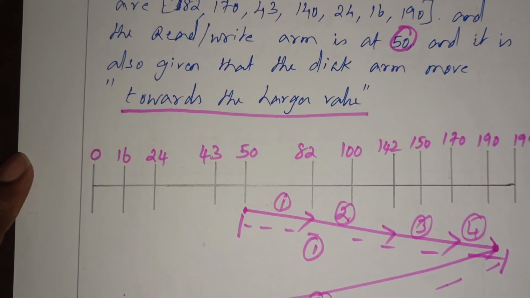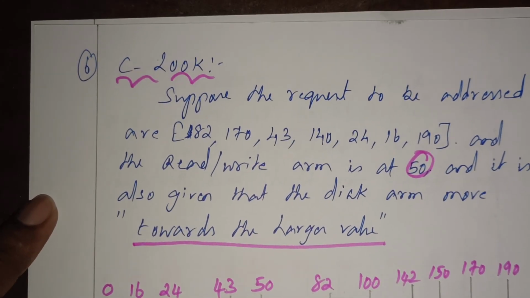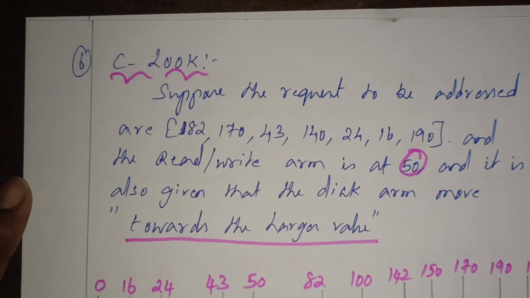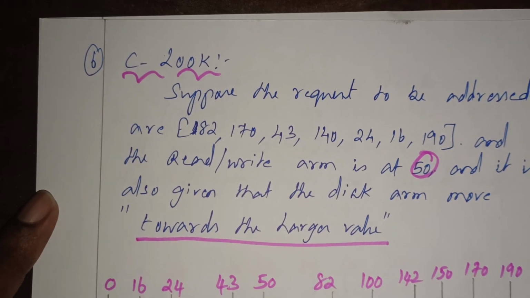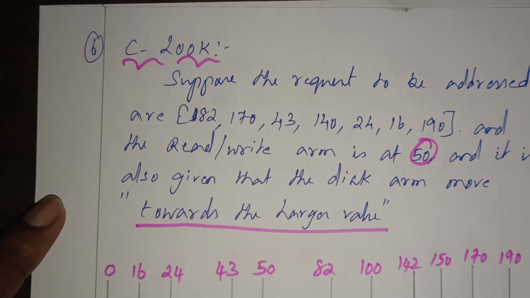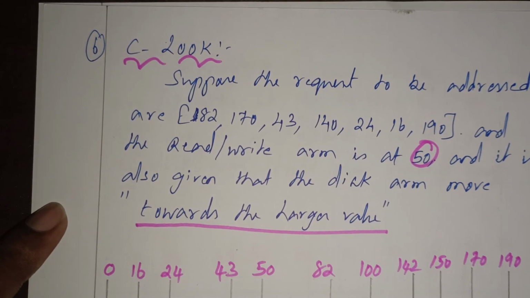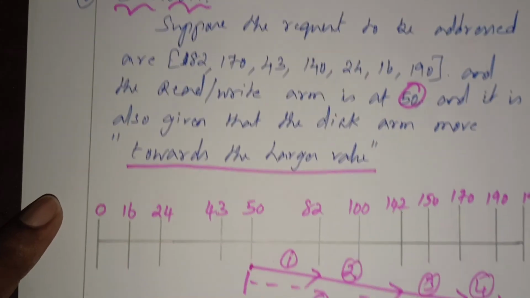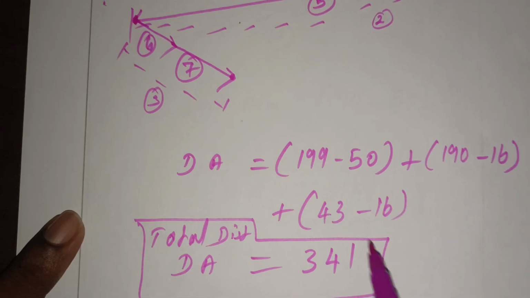Now let me tell you how this C-LOOK is different from the previous algorithms: LOOK is different from C-SCAN, and C-SCAN is different from SCAN, and SCAN is different from the previous algorithms, FCFS and shortest seek time first. You need to understand which particular algorithm among these has given the better total distance of the disk arm, which should be shorter.